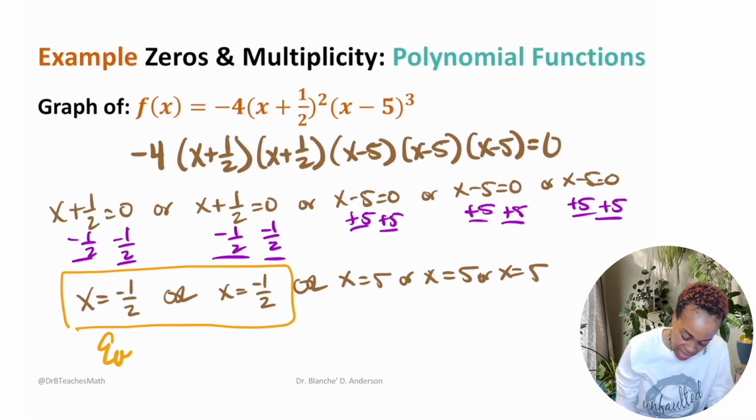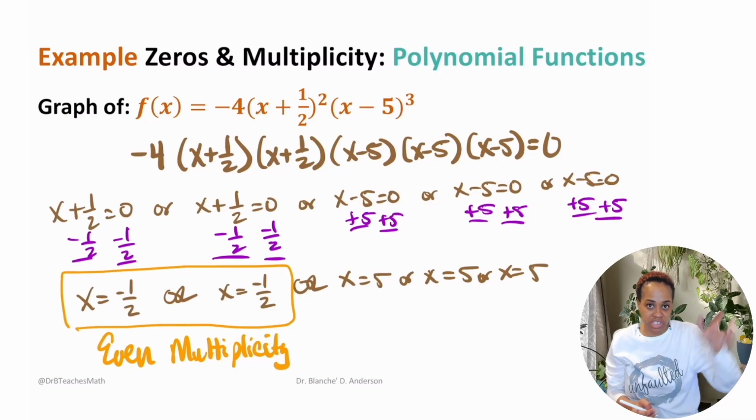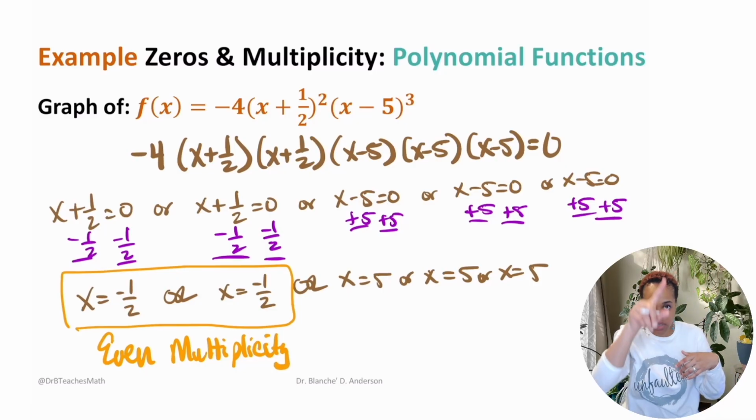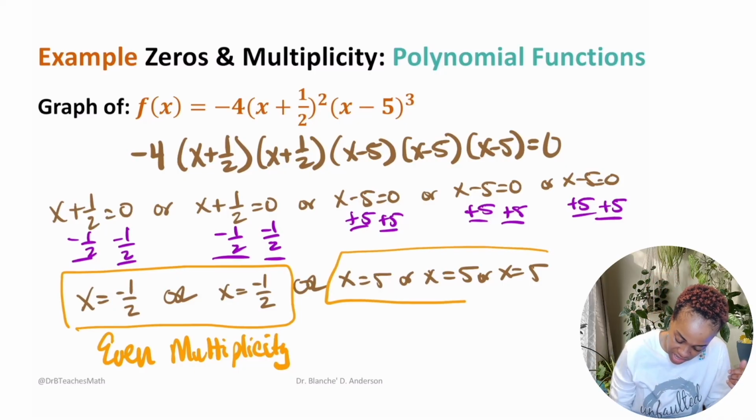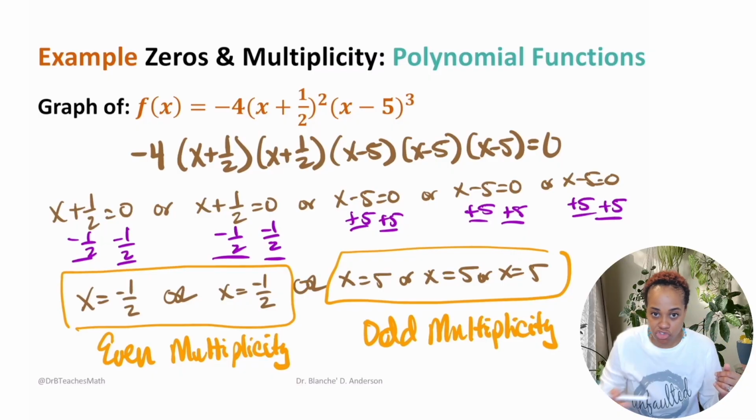So it has even multiplicity. That means at x equals -1/2, it's going to touch and turn, whether this way or this way, okay? And then x equals 5, they have odd multiplicity, right? So it's going to cross straight through.